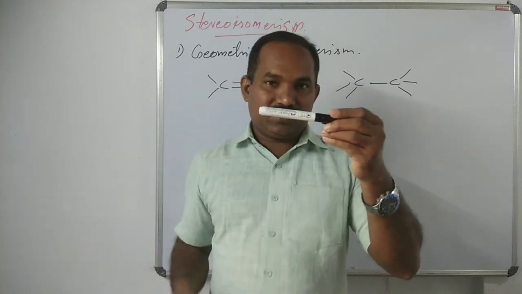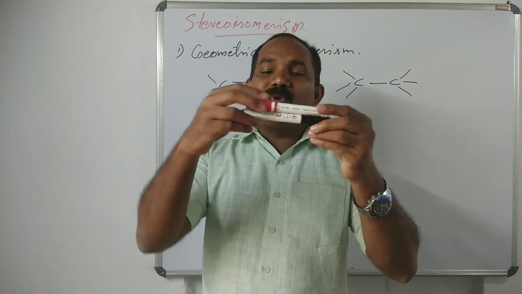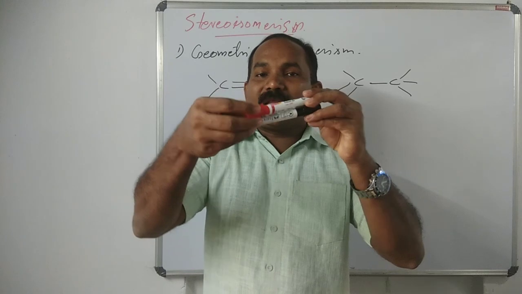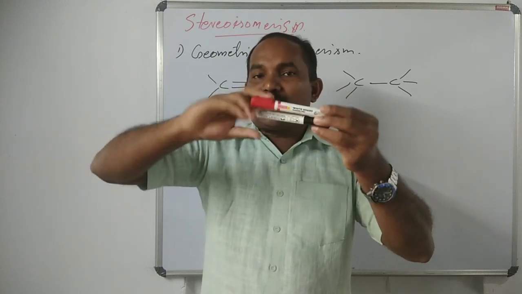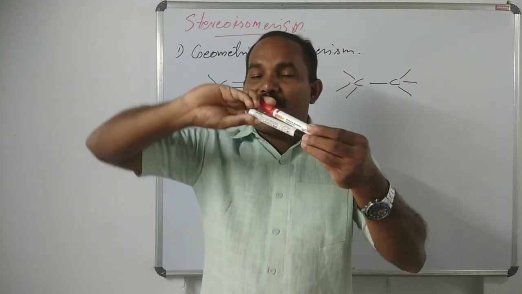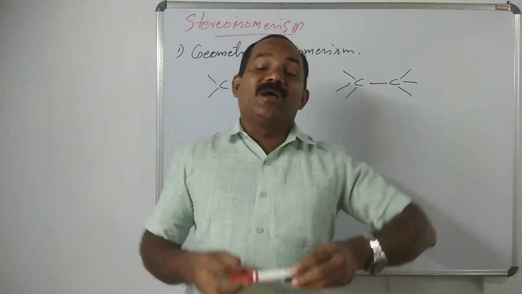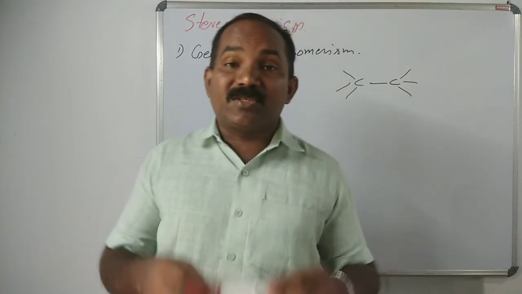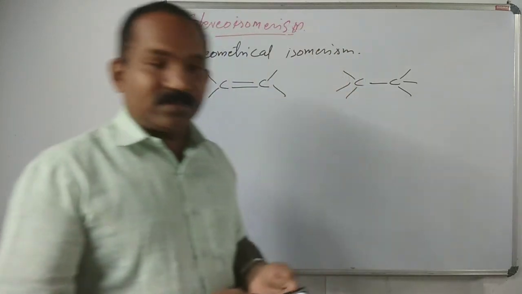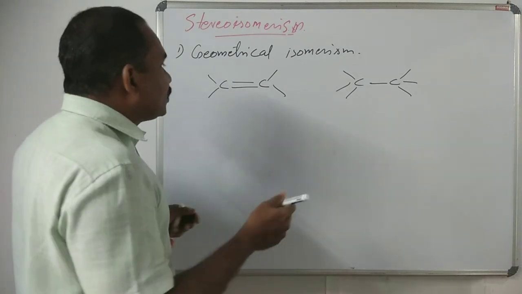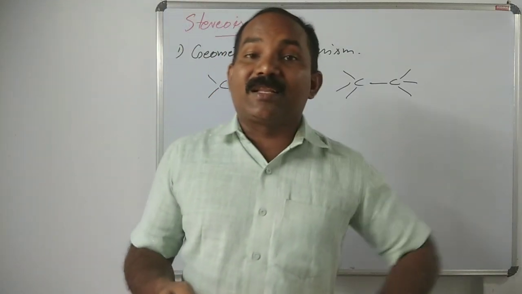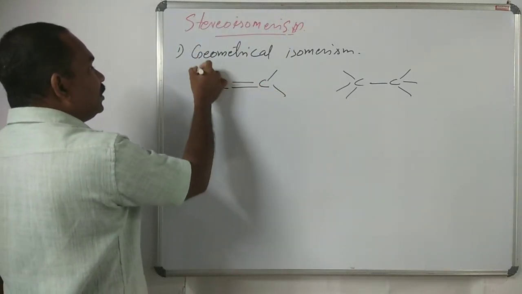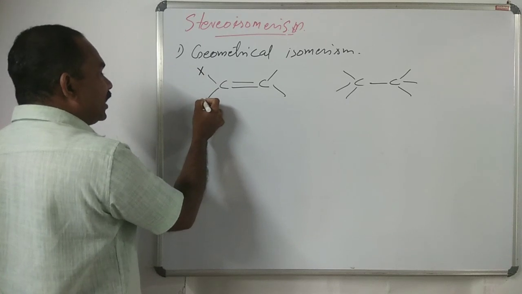But when one pi bond comes, sigma bond and pi bond, what happens? The rotation is restricted. The rotation is not possible. The pi bond restricts the rotation, and when isomerism arises due to this restricted rotation, it is called geometrical isomerism. So let's first discuss the general formula. The molecule with a C double bond C, one atom is X and the other atom is Y.